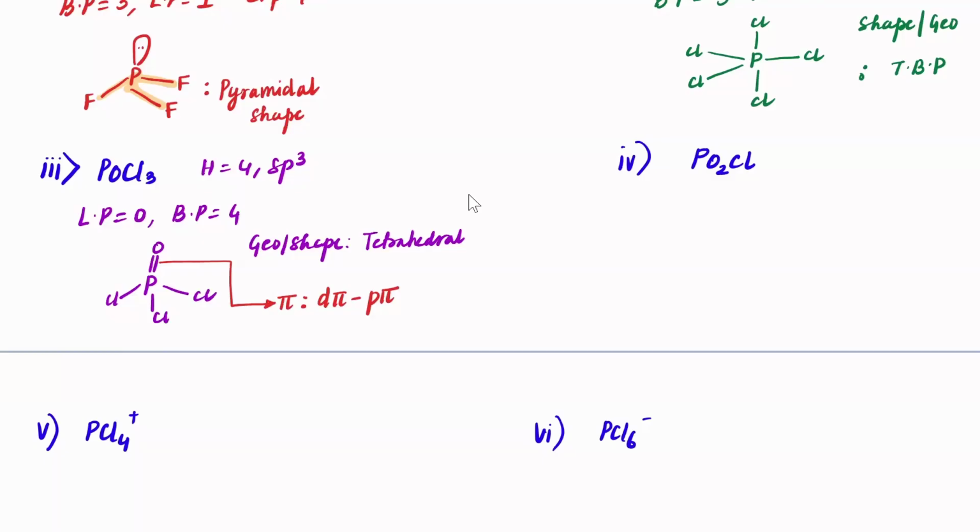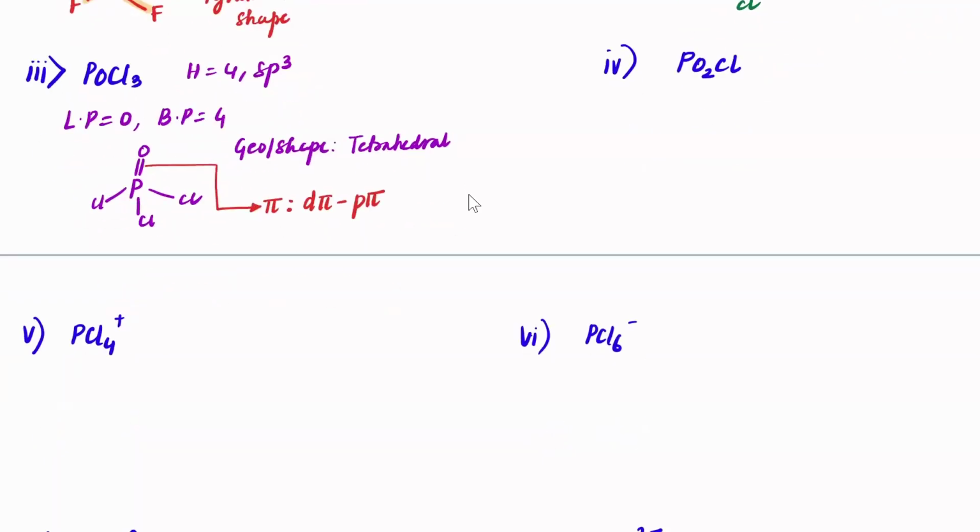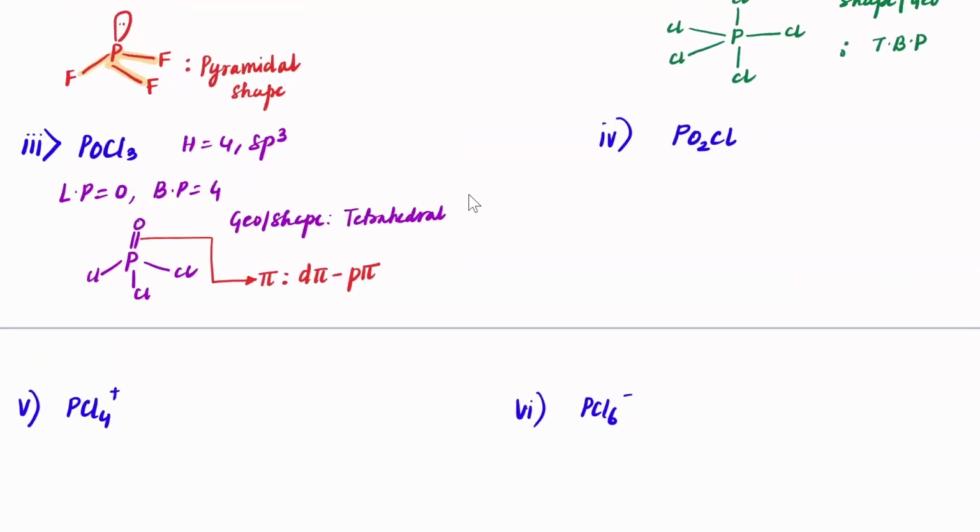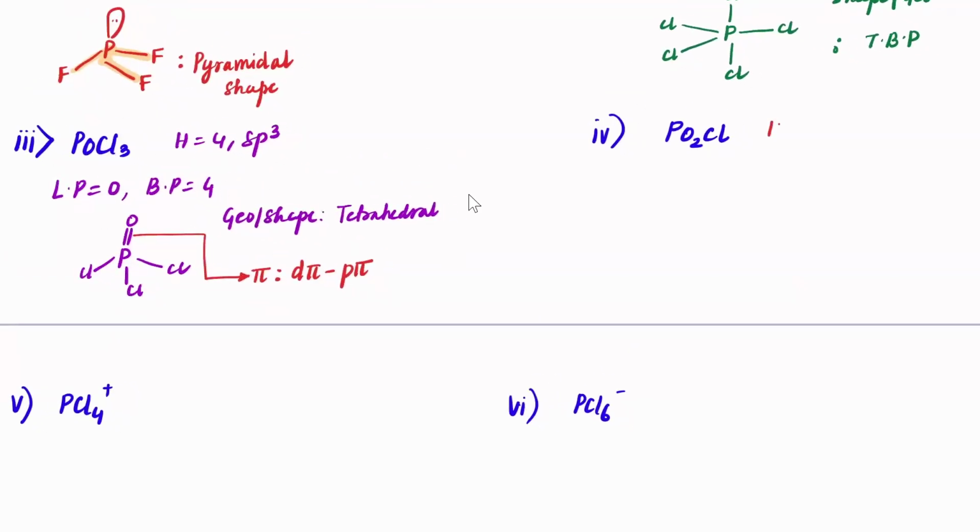Yes, sir. Right. Kapil, how about PO2Cl? So I got hybridization is sp2, and bond pairs is 3. Shape will come as linear, and even the expected geometry is linear.